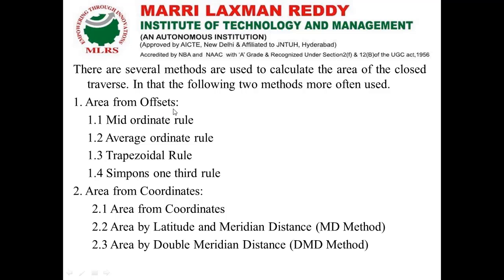Based on offsets, there are four methods: mid-ordinate rule, average ordinate rule, trapezoidal rule, and Simpson's one-third rule. Based on coordinates, there are three methods: area from coordinates, the latitude and meridian distance method, that is the MD method, and the double meridian distance method, that is the DMD method. These are the methods available to calculate the area of an irregular boundary field.